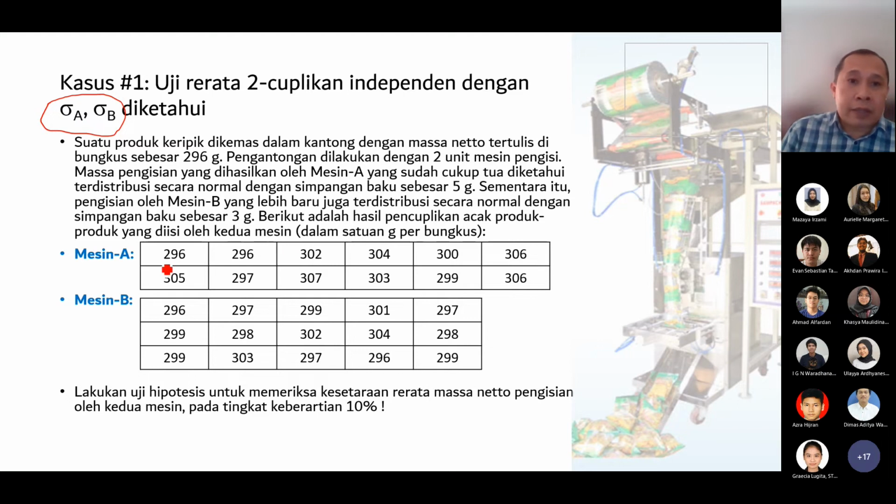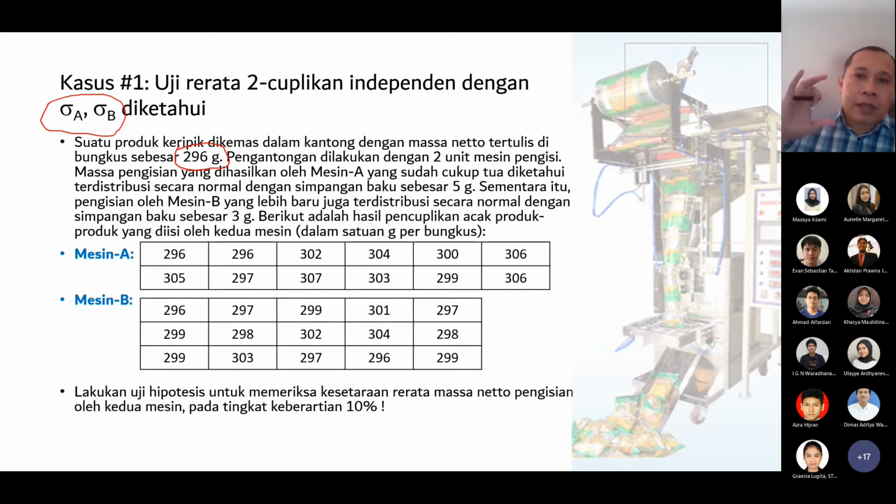Okay, so the first case is a cracker packing line, a chip-filling machine, and the net mass written on the label on the packaging is 296 grams. So this is what is printed on the bags of the chips.